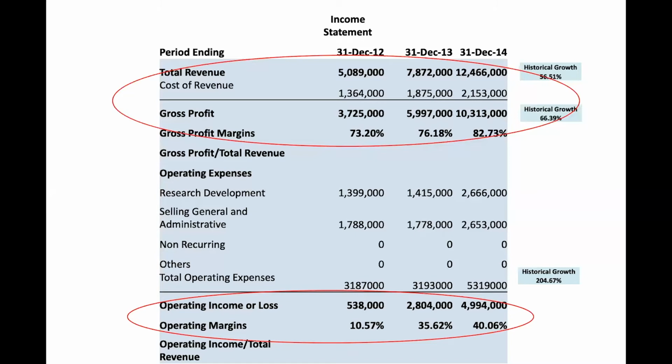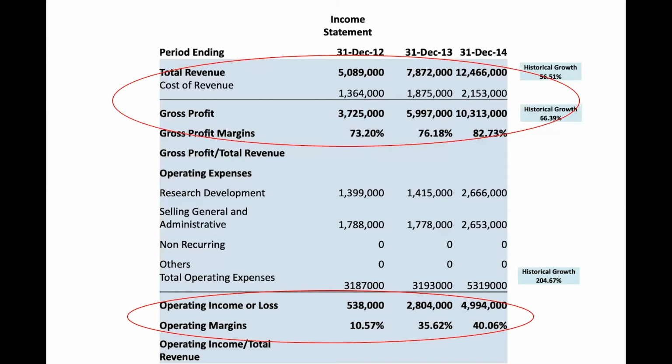You can see that their operating income has increased at a CAGR of 204%. As you can see, operating income went from $538 million to almost $5 billion.